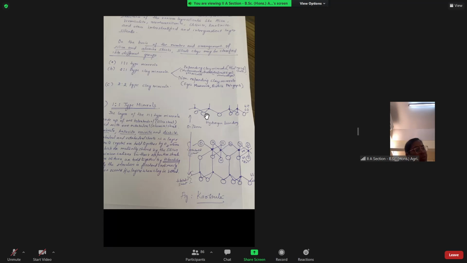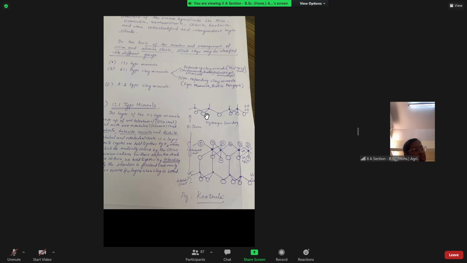For this reason, vermiculites are considered limited expansion clay minerals, expanding more than kaolinite, but less than smectite. So remember that vermiculite expands more than kaolinite, but less than smectite. You should remember the sentence because you will get confused in your objective type questions. Vermiculite expands more than kaolinite, but less than smectite.